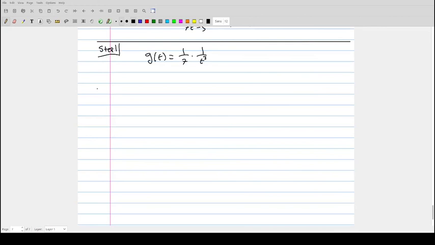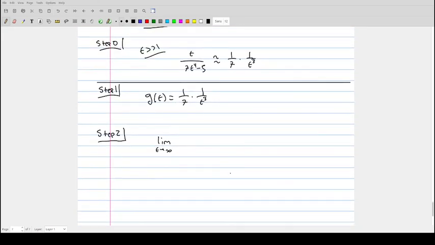And go through and do the actual limit comparison test in step 2. So we're going to look at the limit as t goes to infinity of t over 7t to the 4th minus 5 over the comparison function, which is going to be 1 over 7 times 1 over t cubed.